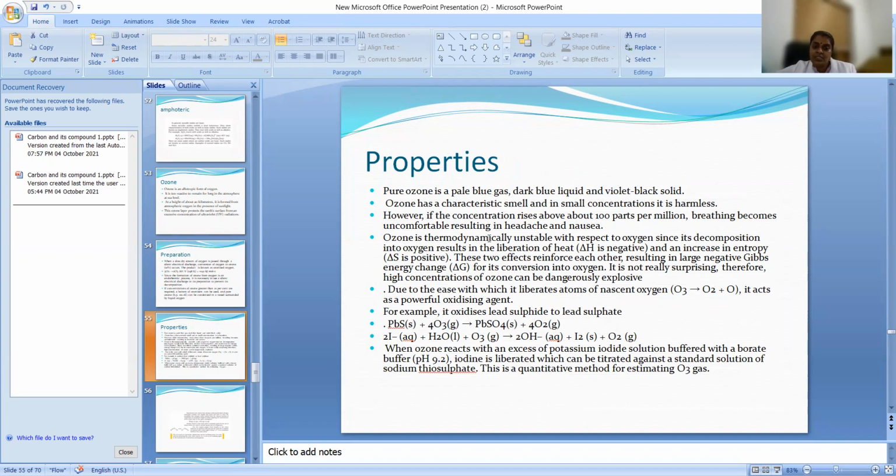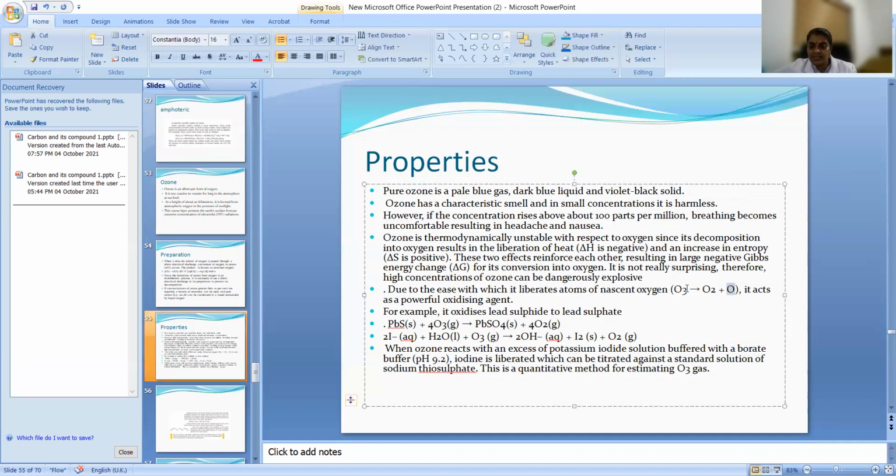Since ozone is thermodynamically unstable, it immediately undergoes decomposition. High concentration of ozone can be dangerously explosive, because its decomposition takes place fast as its Gibbs energy value is very low.